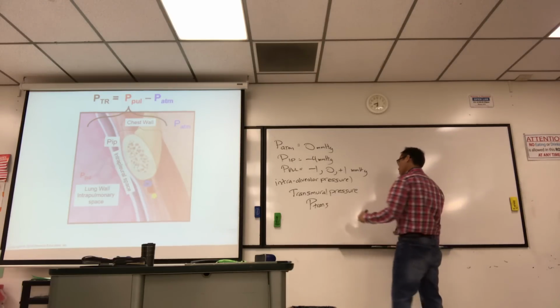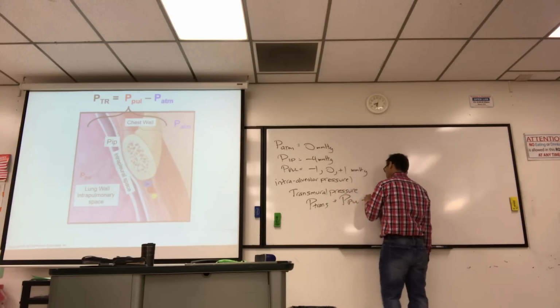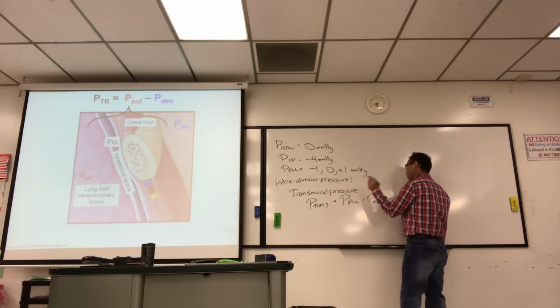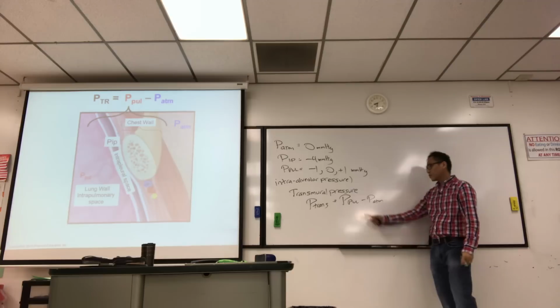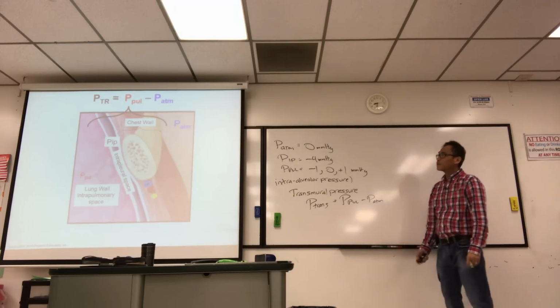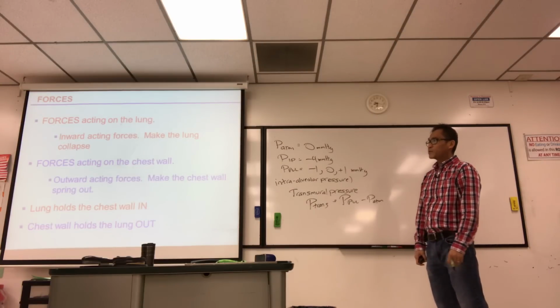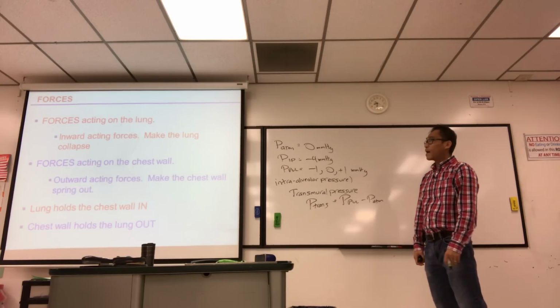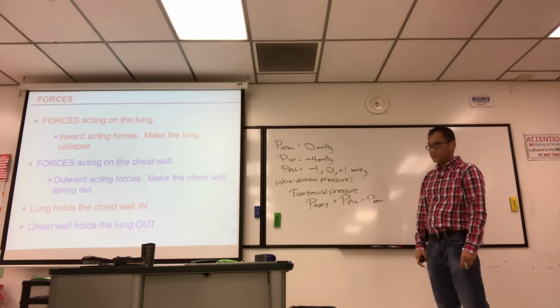So P-trans equals P-pul minus pressure of the atmosphere, which is always going to be zero. So you just have to change the pressure inside your lungs so air will flow. And so now we talk about the forces that make the chest wall expand and collapse. We have to talk about both the lung and the chest.